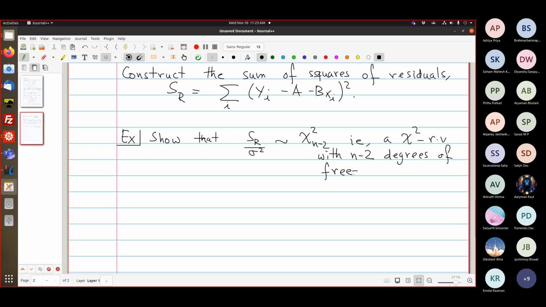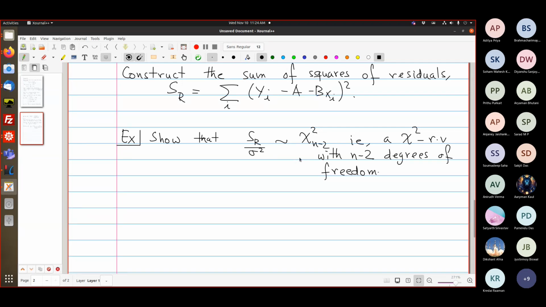So remember when we were talking about the sample variance of normal data, S by sigma squared was a chi-squared random variable with n minus 1 degrees of freedom, but now we have n minus 2 degrees. And remember what is chi-squared? It's sums of squares of standard normals, so many of them.